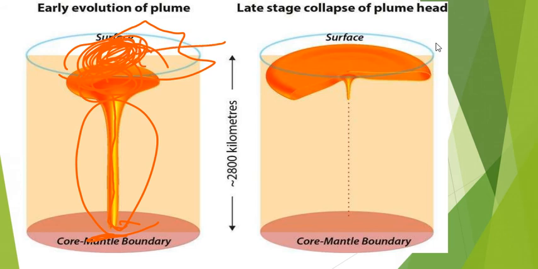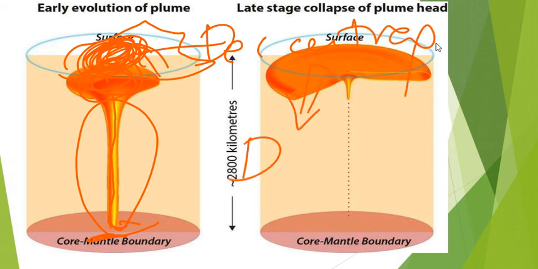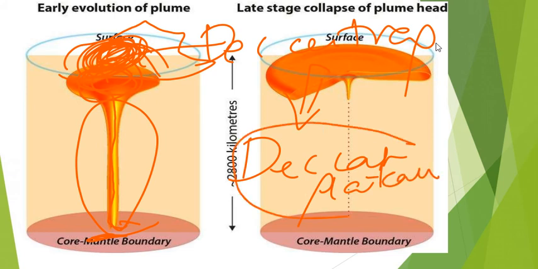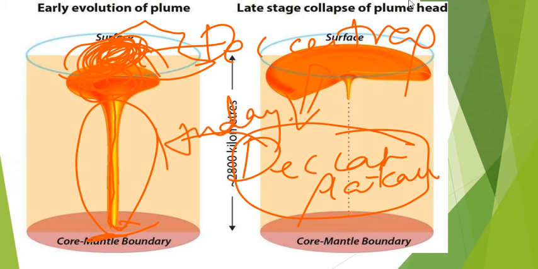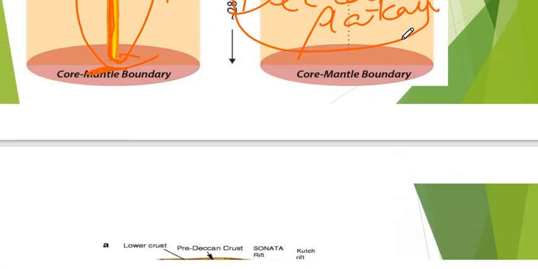It is called the Deccan Trap, which resulted in the Deccan Plateau. So now you understand that the Deccan Plateau is much older than the Himalayas. The next picture will make it very clear.